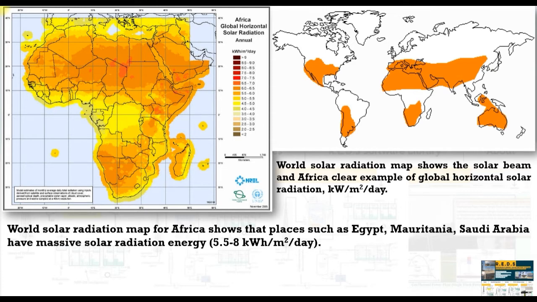As you can see, places such as Egypt, Mauritania, especially in the North Africa region and the middle of the African continent, Saudi Arabia, and the Gulf region have massive solar radiation energy, around 5 up to 8.5 kilowatt-hours per square meter per day. This is a huge energy that we can estimate or calculate.